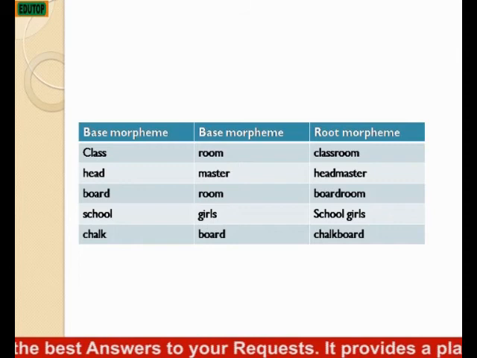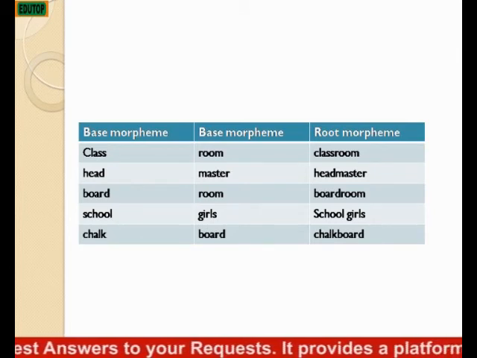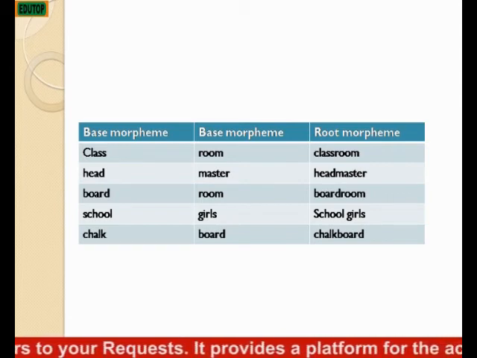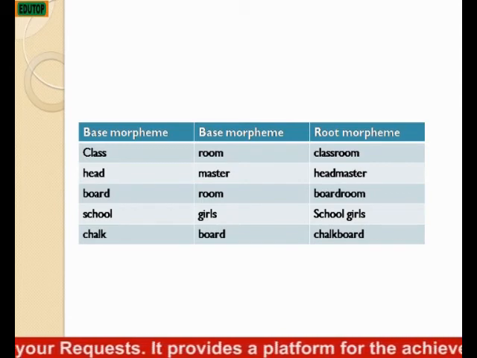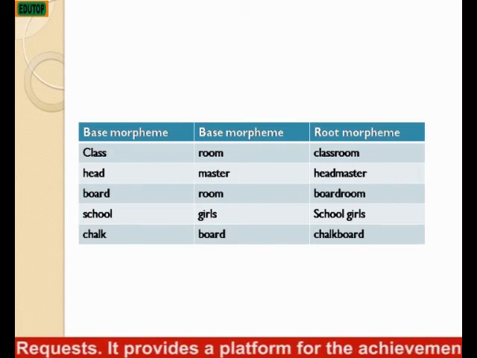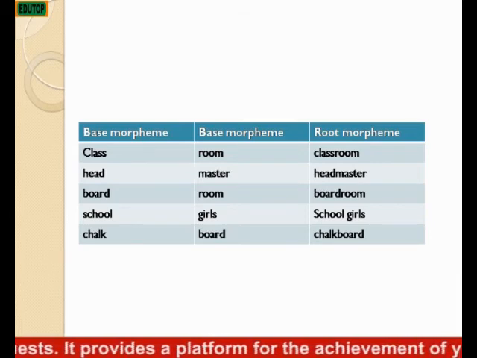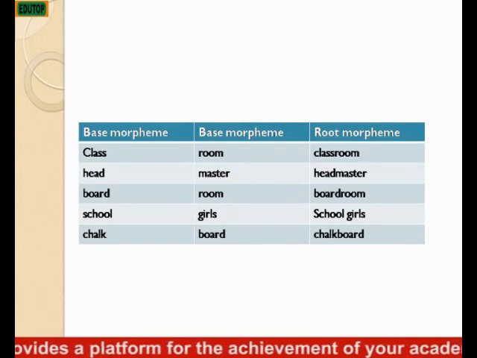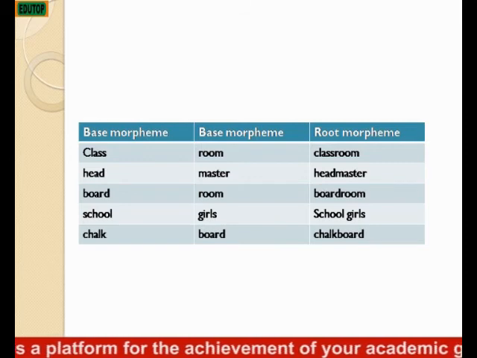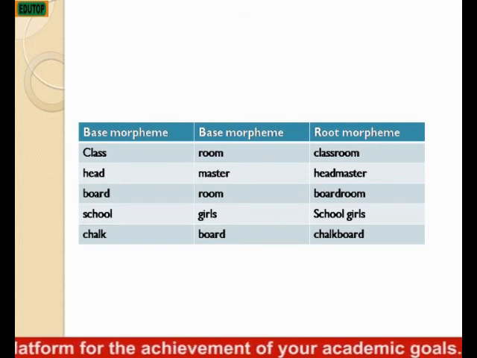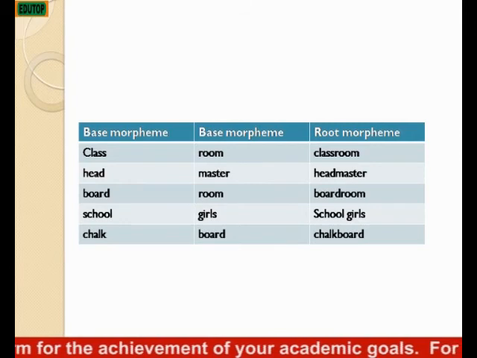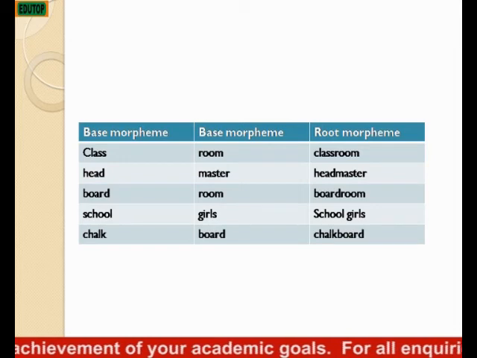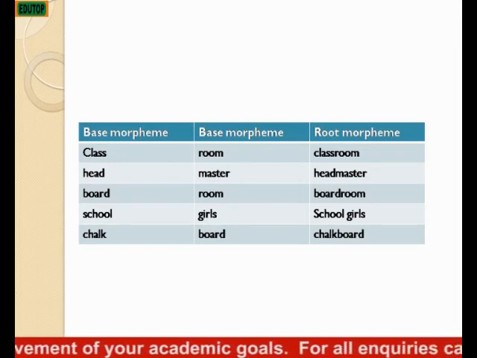We have 3 columns here, and the first one has base morphemes, the second one too has base morphemes, and the last one is the result of the combination of the two base morphemes. Class plus room to give us classroom. So class is a base morpheme, room is a base morpheme, but classroom is a root morpheme. Head plus master to give us headmaster.